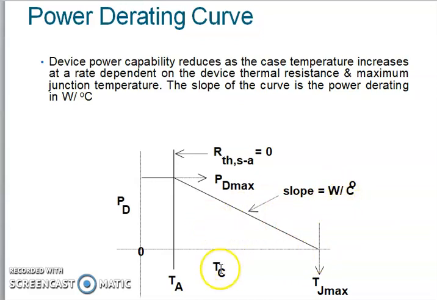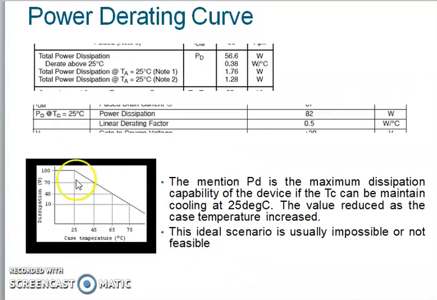The higher the junction and the case temperature, the lower the PD limit. So you have to take care. It means the ability of the device will reduce accordingly when your case or operating temperature increases. For example, if we indicate it in terms of a graph, this is the ability of the device.